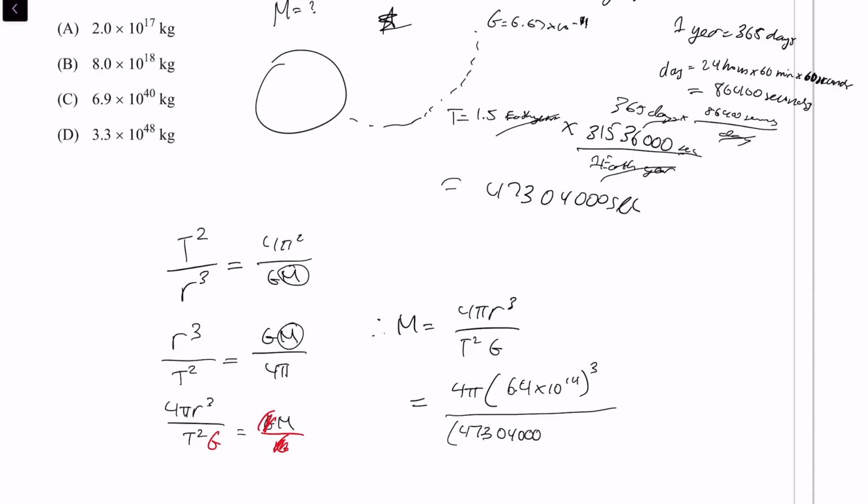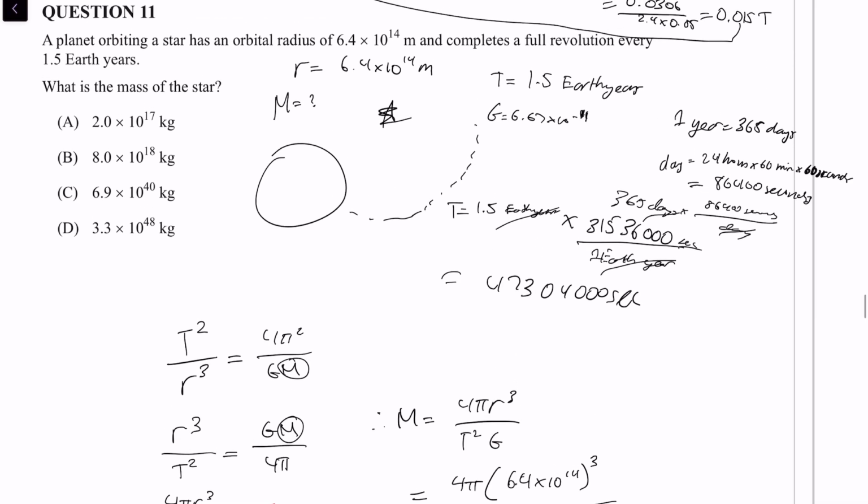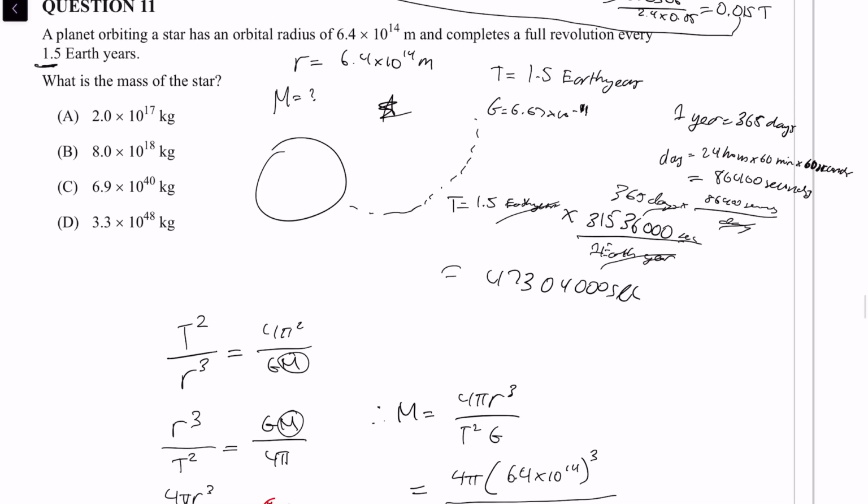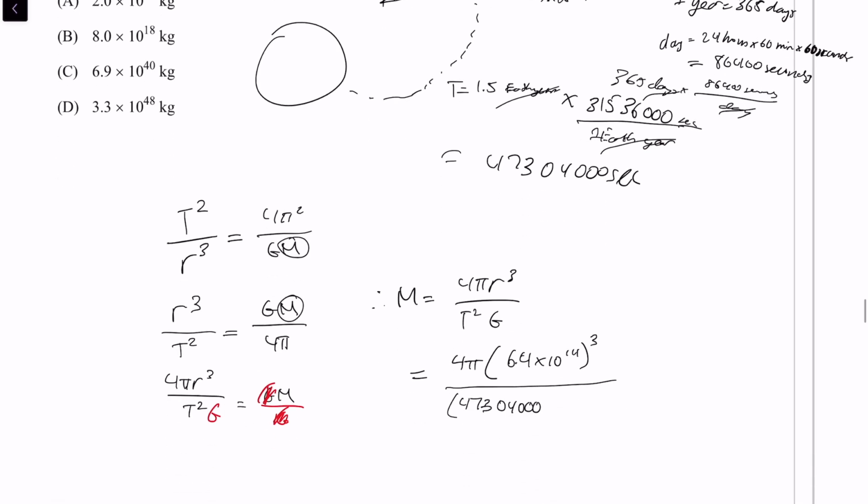So I'm not going to do it for this question, but I'm sure one of these options is a trap if you just use 1.5 as your time or period. So I'm going to be squaring that times 6.67 times 10 to the negative 11. Let's see if you can beat me on this one.